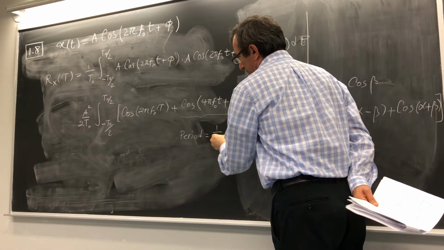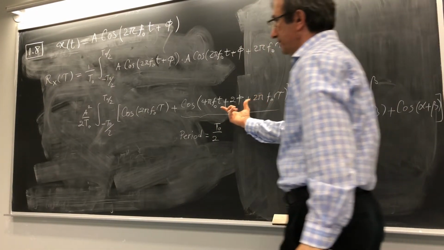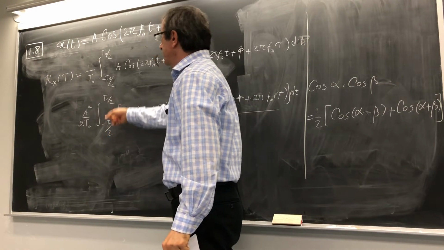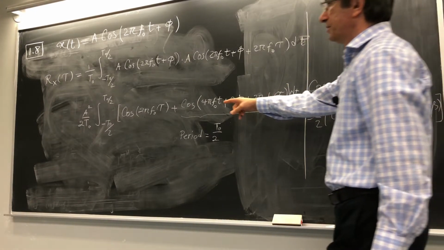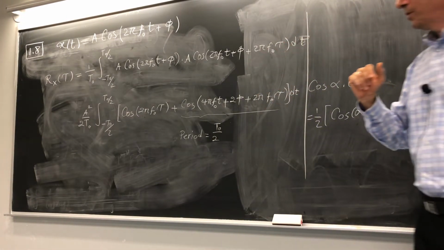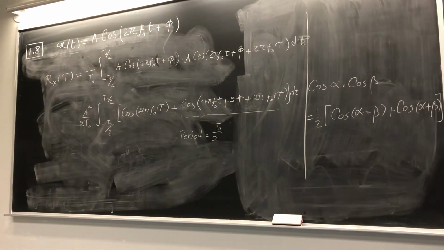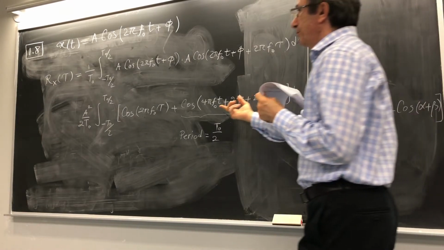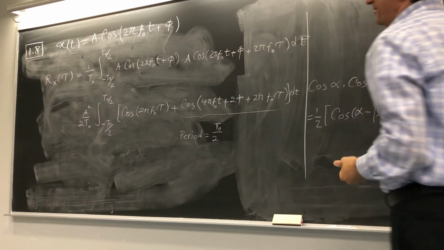So if we're taking the integral of this second term over a single period of the original signal, the integral is being taken over 2 cycles. What is the integral of a cosine function over a single cycle? 0. And over 2 cycles? Again, 0. So this term would go away.